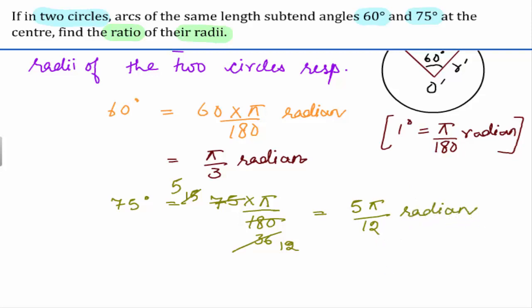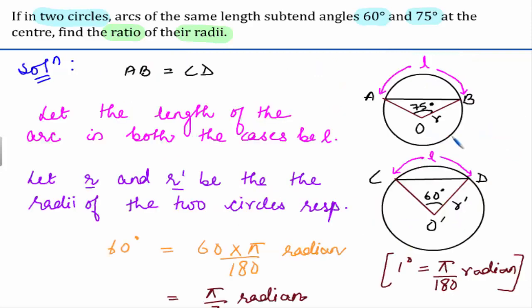Now we know that if theta is the angle subtended by any arc, then theta is equal to L divided by R, where L is the arc length and R is the radius.